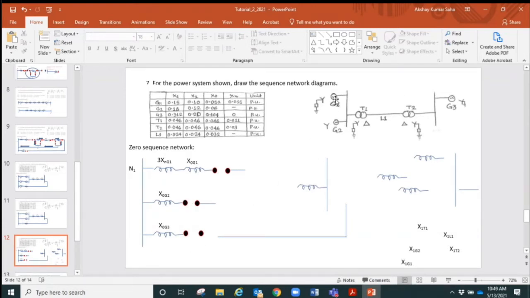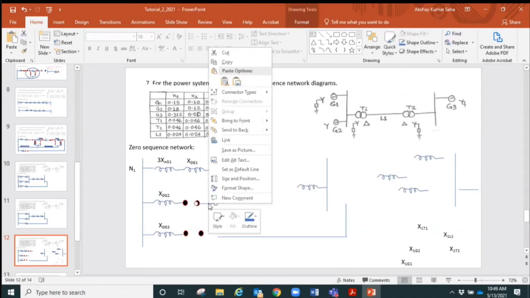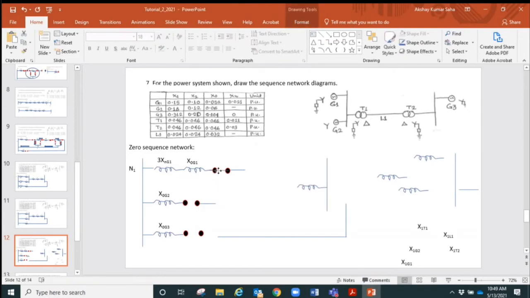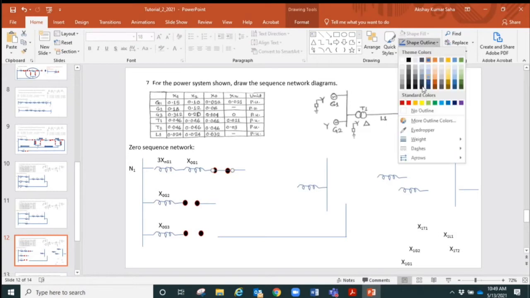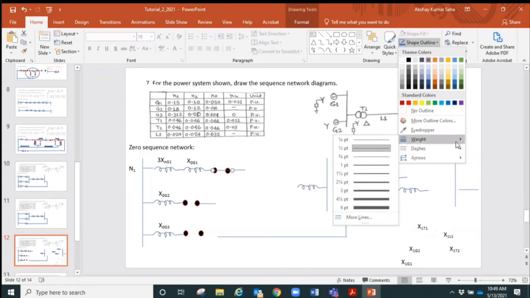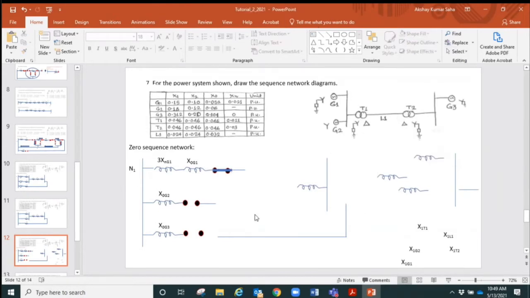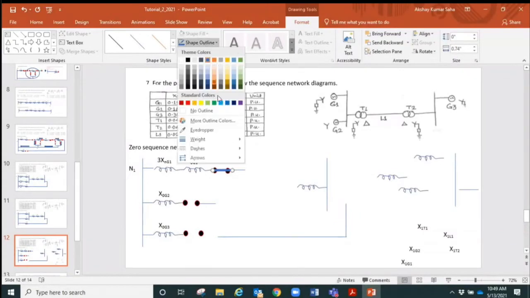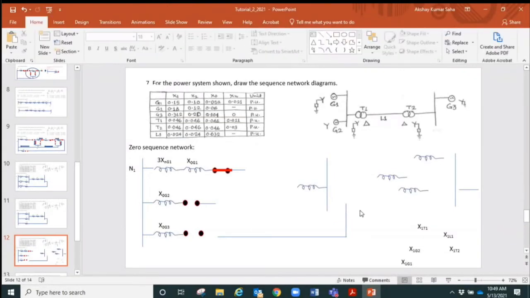So first, generator G1 star connected, grounded. So what we do, we close that one, because star connected, grounded will allow us to, so let me change the color to red so that we can see we closed it because it's star connected, grounded.